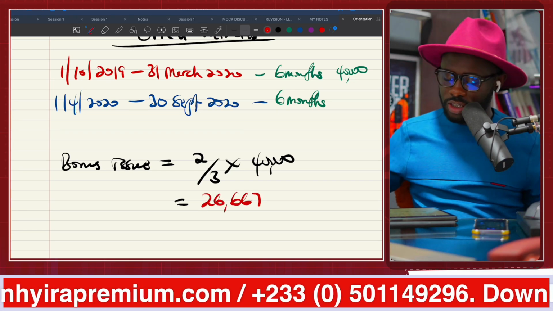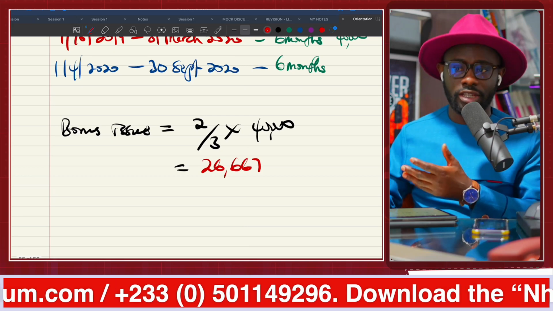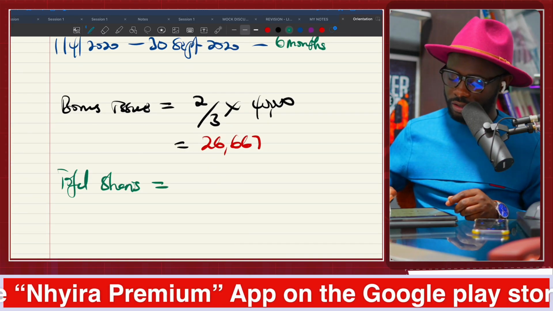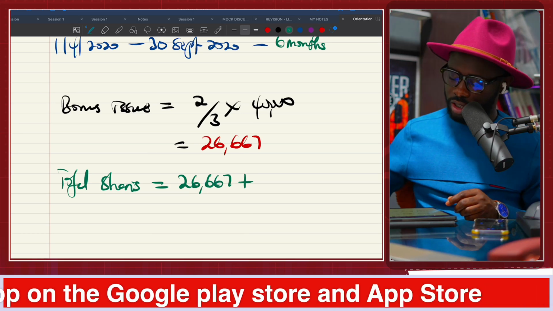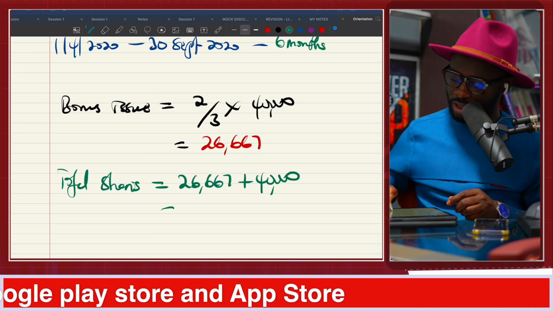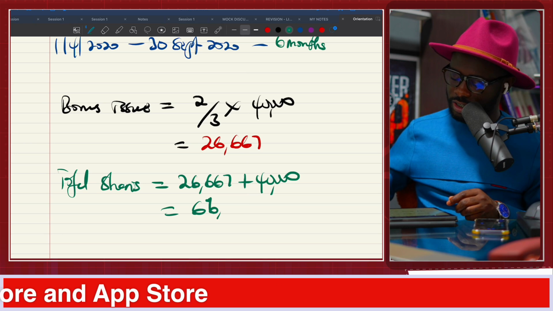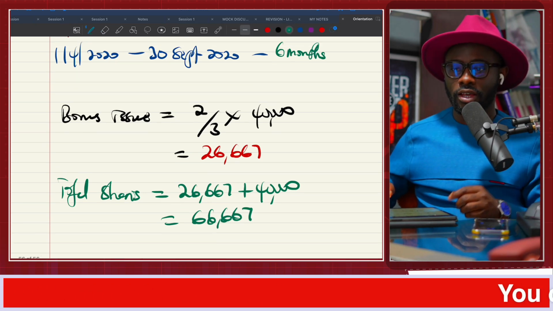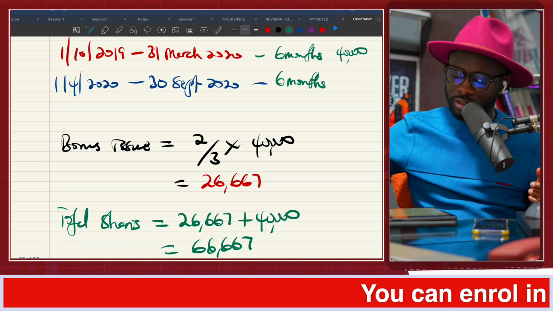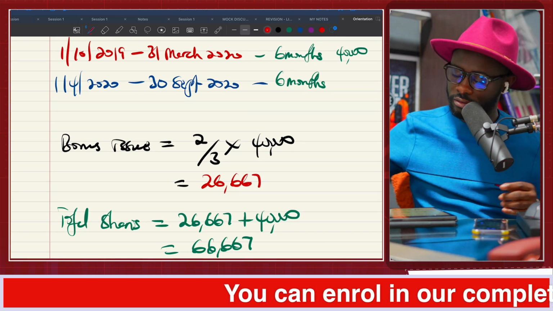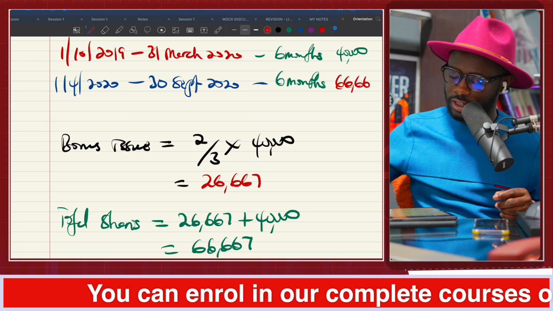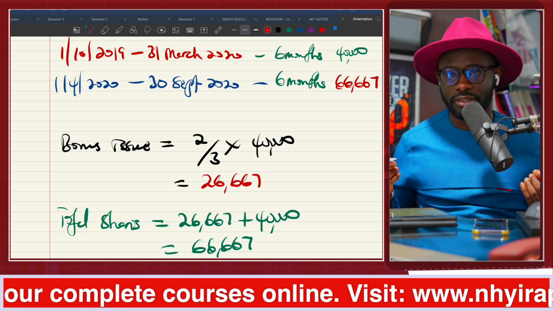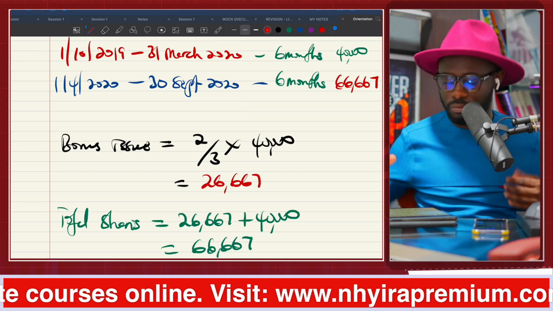So from the 1st April to the 30th September 2020, the total shares will be the bonus issue plus the outstanding shares, giving us a total of 66,667. So for the final 6 months of the year, we are having 66,667 shares outstanding. Does that make sense? That's very important. So that's the starting point.